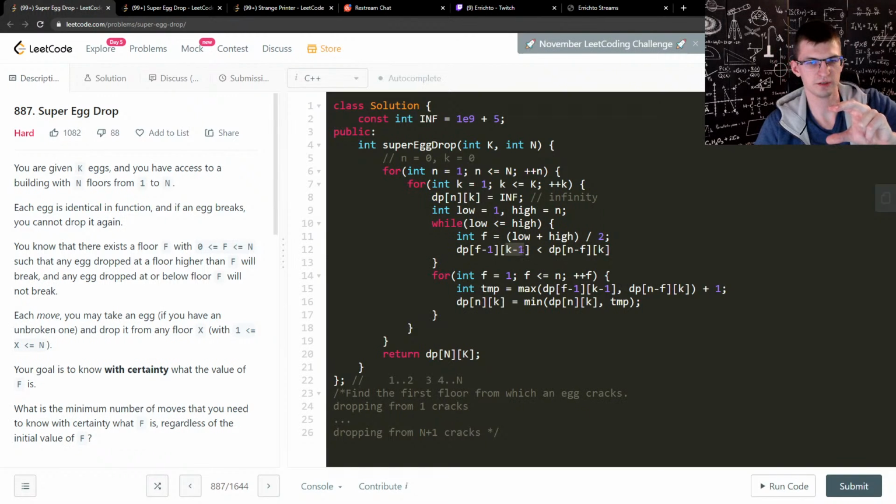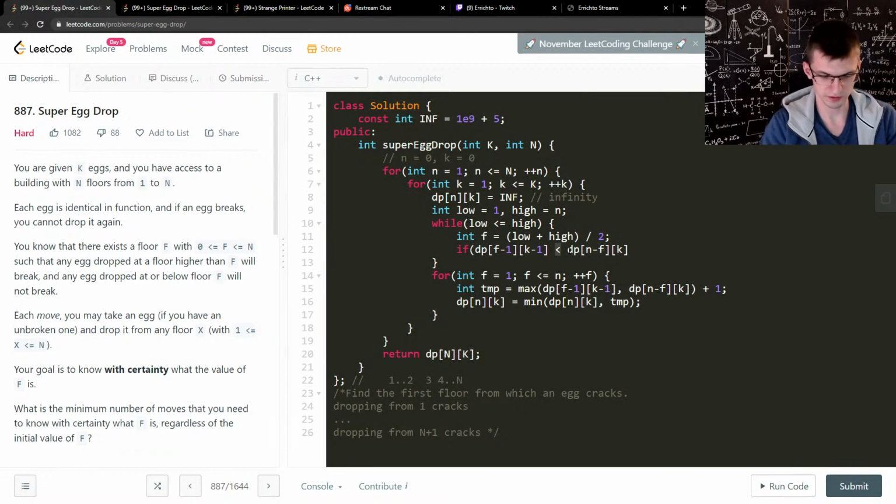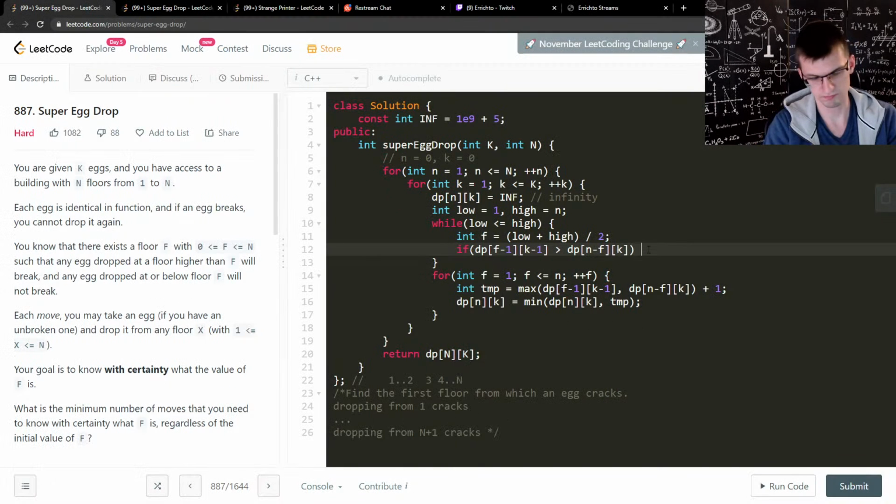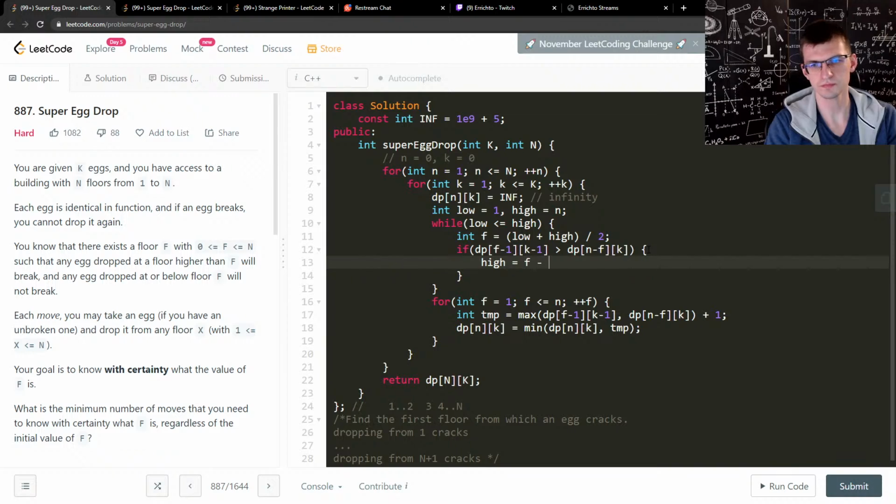We have now k minus 1, so apparently this floor is enough to crack. Maybe a lower one is good as well. So if this, let's maybe first consider greater. This is the situation from the drawing, like 4 and 2. Then the floor should be moved down. So we do this.